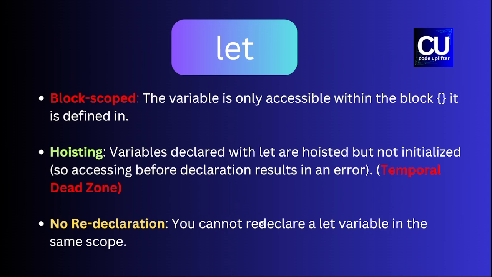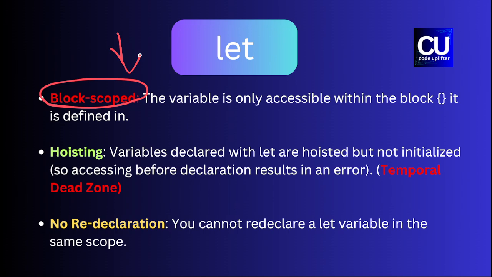Now coming to discuss let. As we have discussed, let is block scoped. Whatever variables we declare inside a block are not carried forward outside the block. They can be accessed only inside that block.